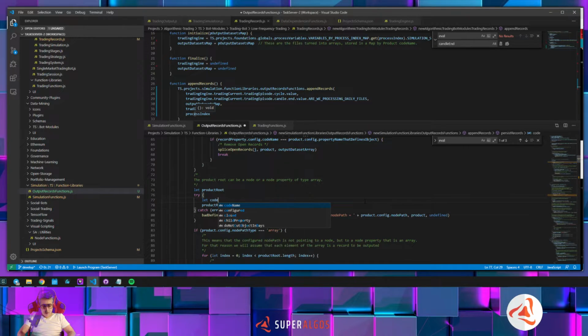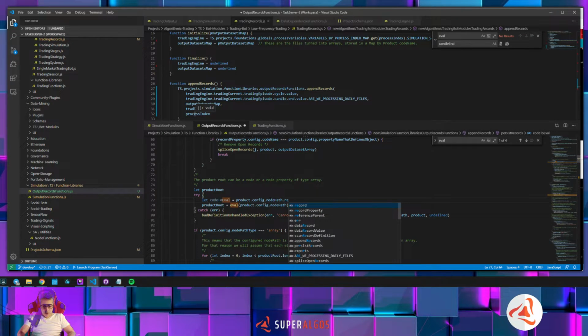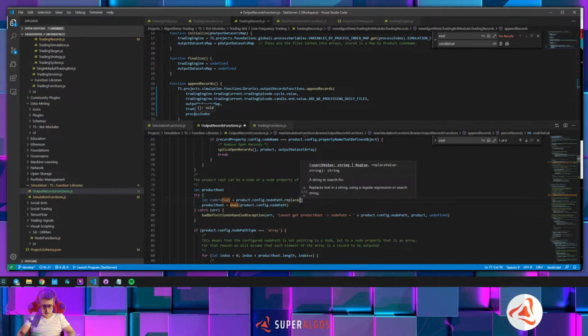With code to eval going to be this dot replace. Does replace all exist?